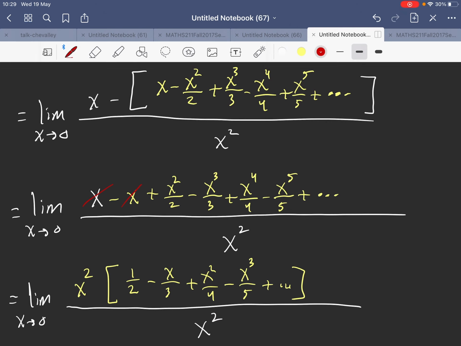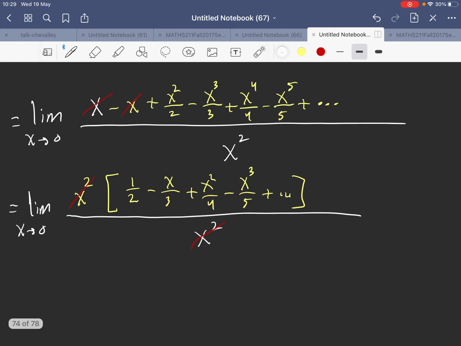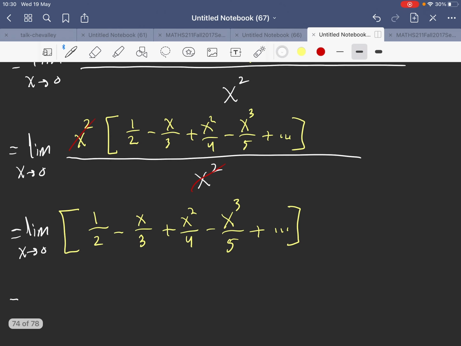Cancel, cancel. What we have is this one here: half minus x over 3 plus x squared over 4 minus x cubed over 5 and so on. The last step, substitute the 0 and the final answer is 1 over 2.